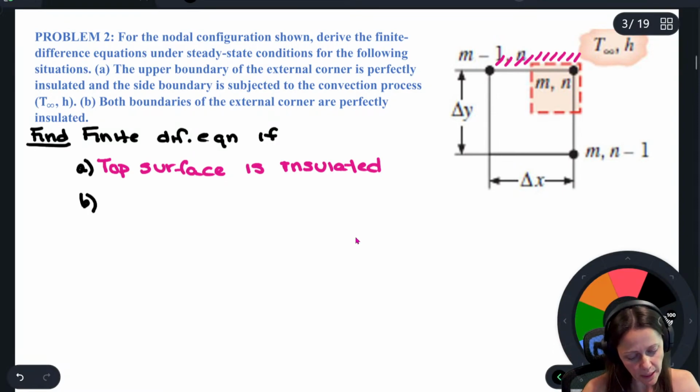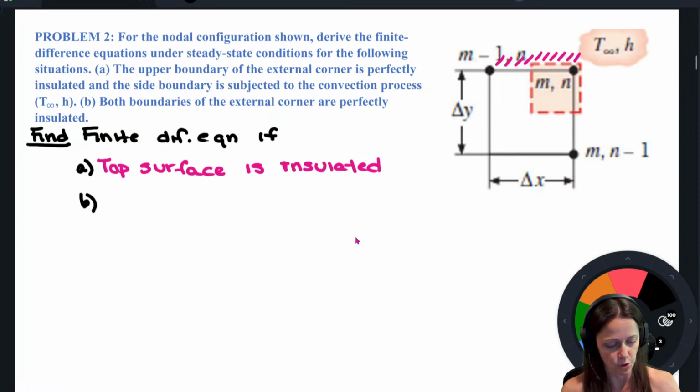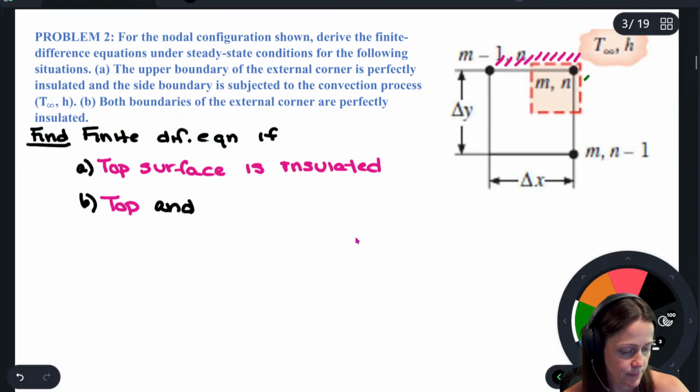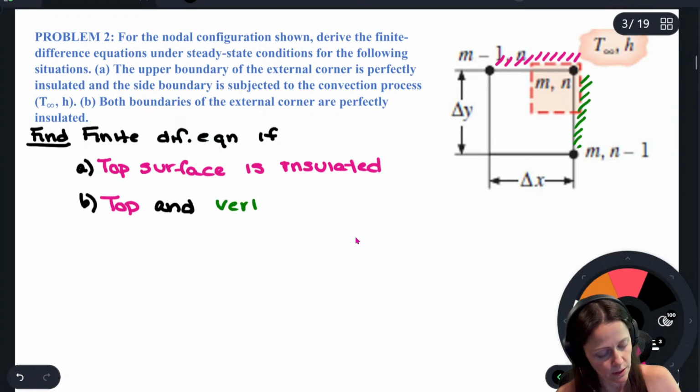And then B says both boundaries of the external corner are perfectly insulated. So we would say the top and the vertical surface are insulated.